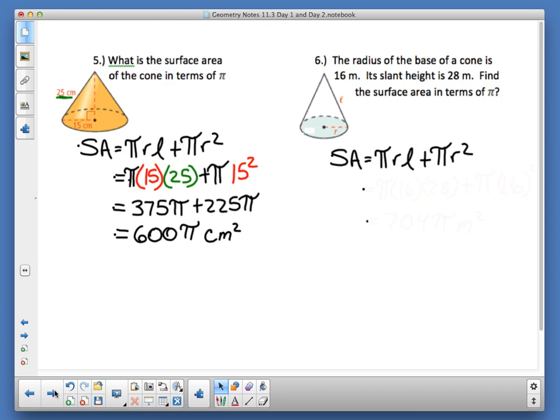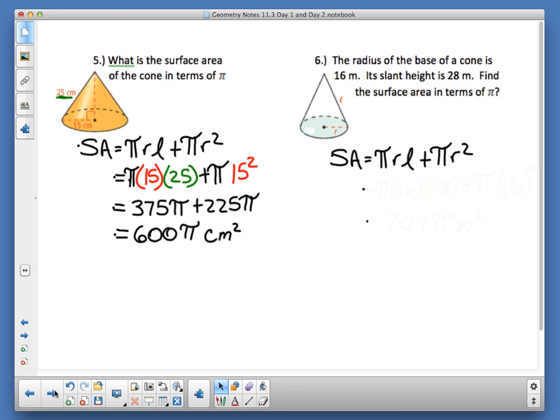Guys are looking good. Keep it up. Looking good. Nice. Nice job, yeah. Looking good. Remember, it's in terms of pi. It's in terms of pi, so once you get it, you're done. Nice job. Nice.